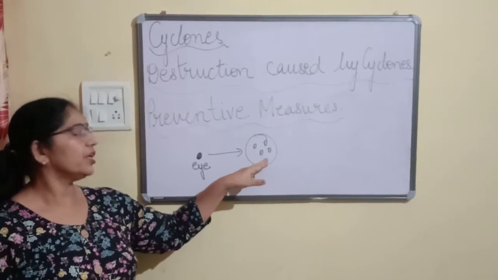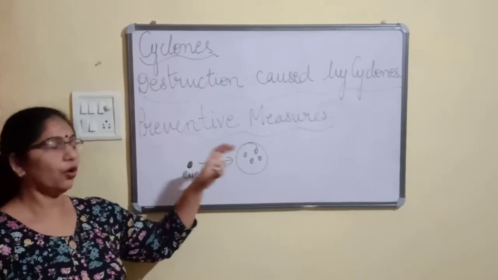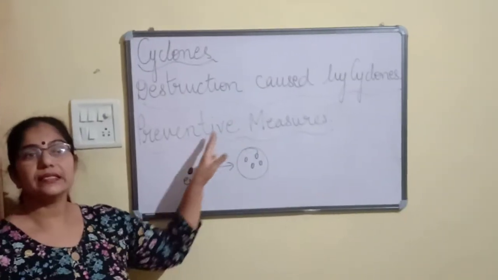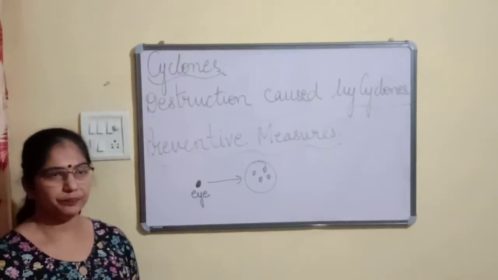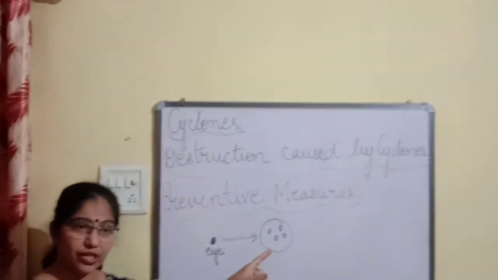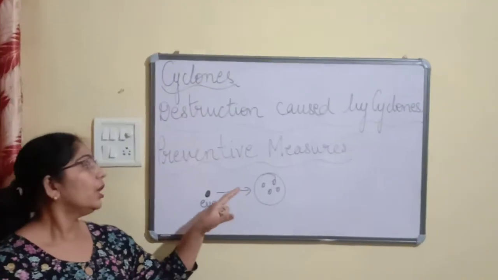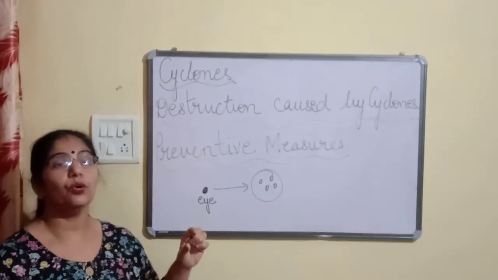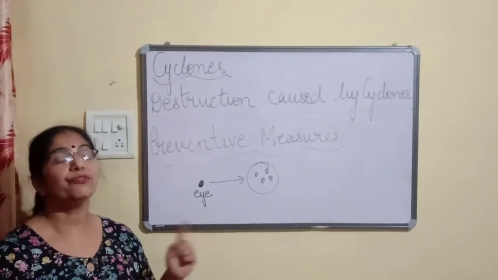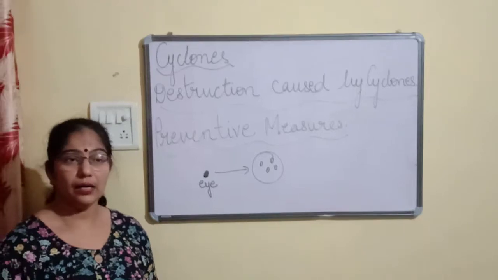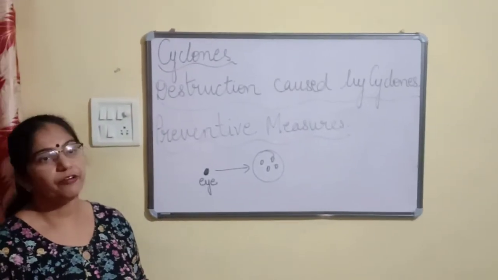This region of clouds has a diameter of about 150 kilometers. In this region, the strong winds blow at a speed of about 150 to 250 kilometers per hour, accompanied by heavy rainfall.